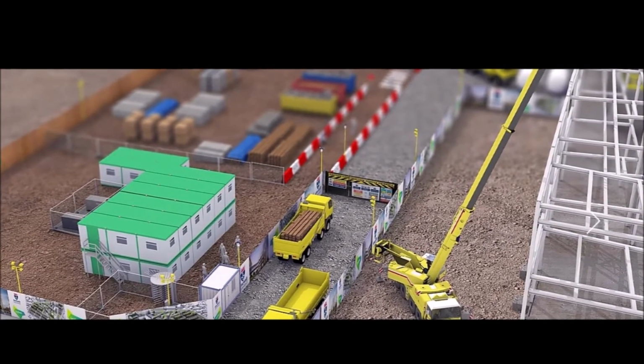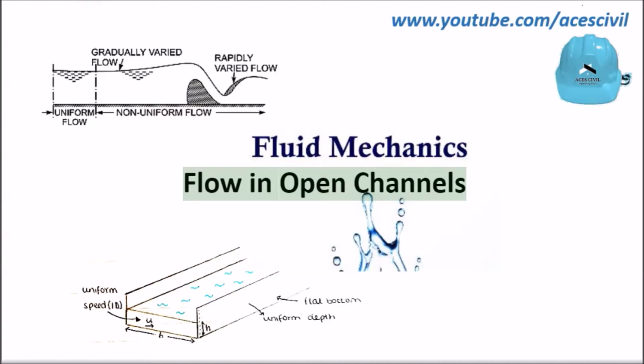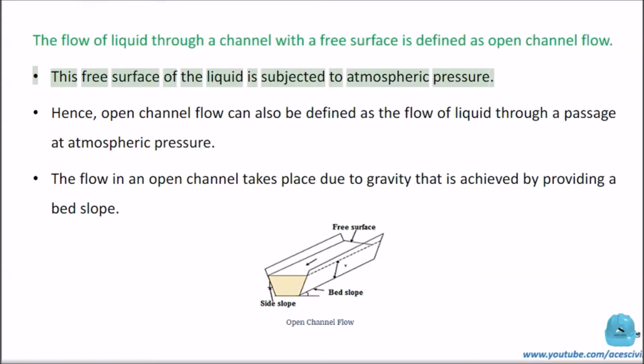In today's video we are going to discuss flow in open channels. The flow of liquid through a canal with a free surface is defined as open channel flow. This free surface of the liquid is subjected to atmospheric pressure.